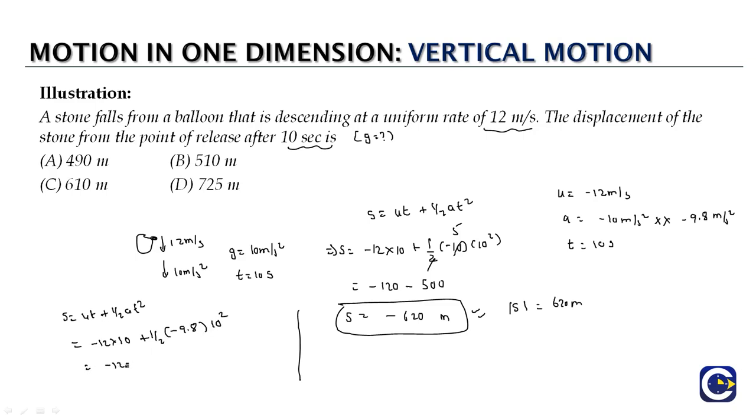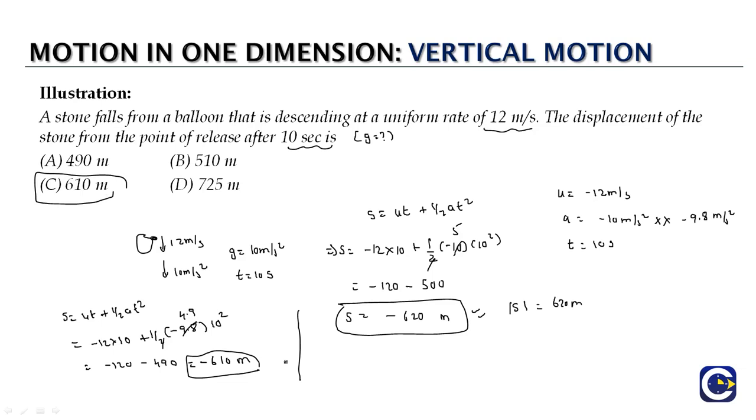So minus 120, this is 2 ones are 2, 4.9s minus 490, which will be equal to minus 610 meters, which means the displacement of the particle from the point of release is minus 610 meters, which means the stone would have come down by 610 meters from the point of release. So the option for this question is C.